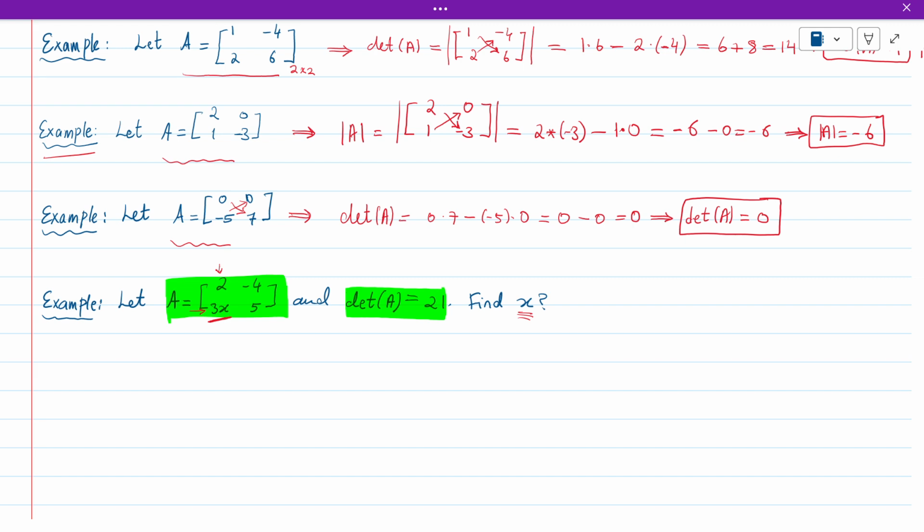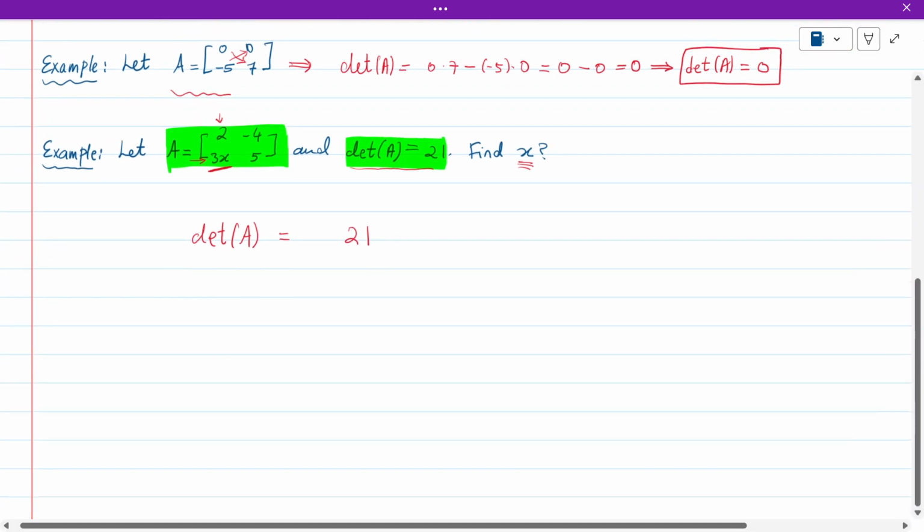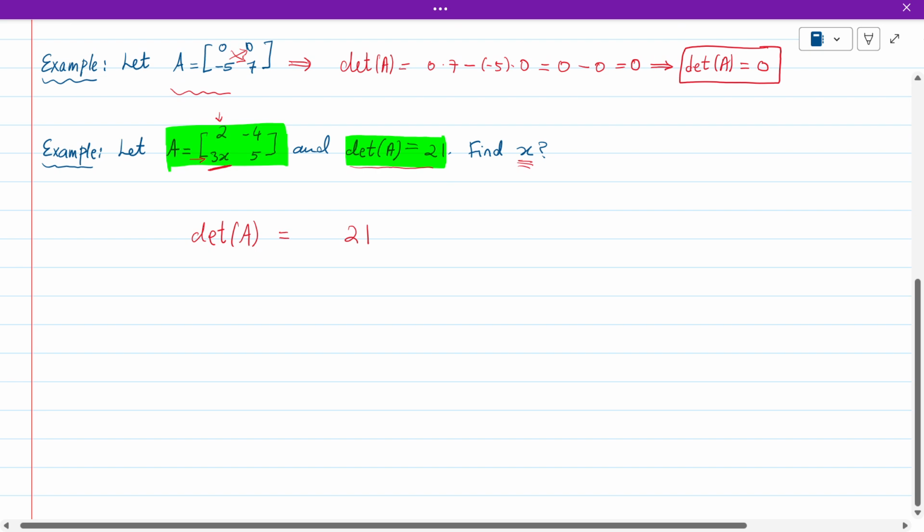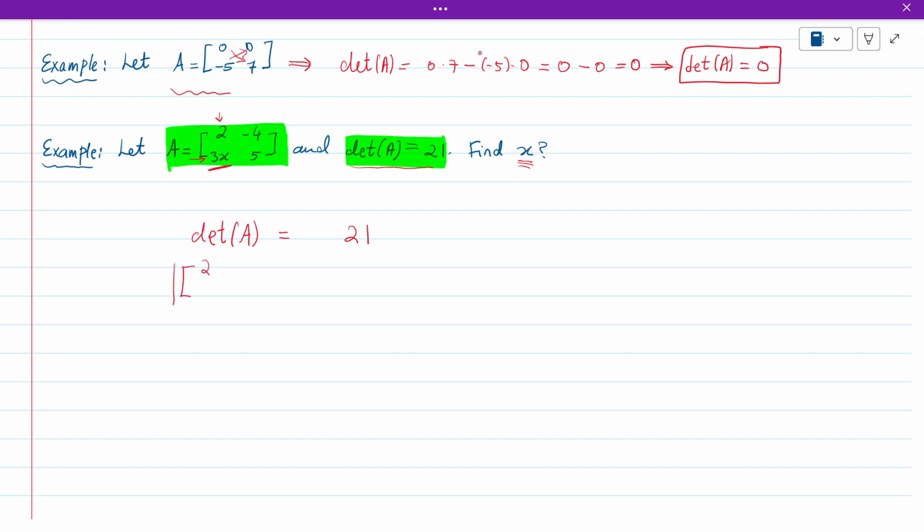How do we do that? You are given extra information and you will need this. So we have the determinant of the matrix is 21. To find the determinant, you have the matrix between two lines, 2, -4, 3x and 5, and this equals 21 on the right.